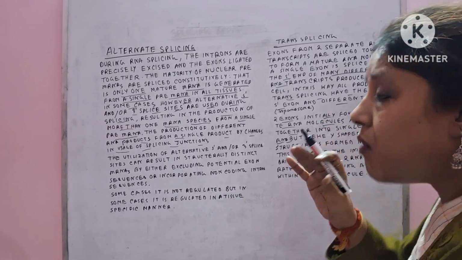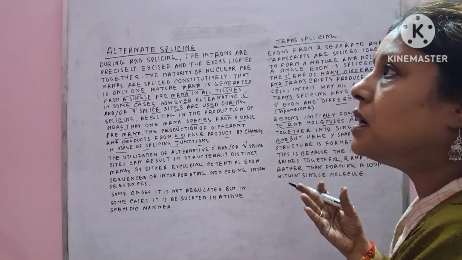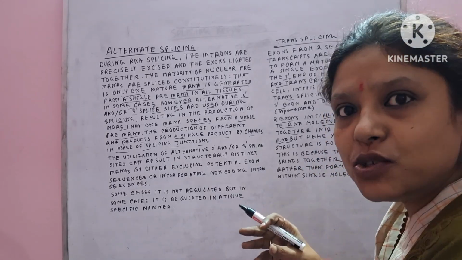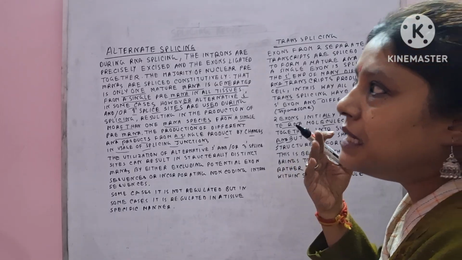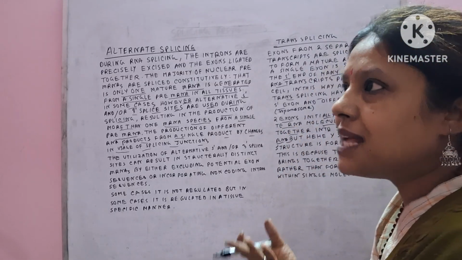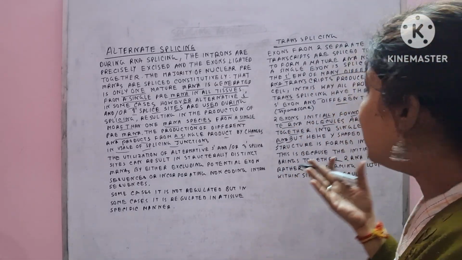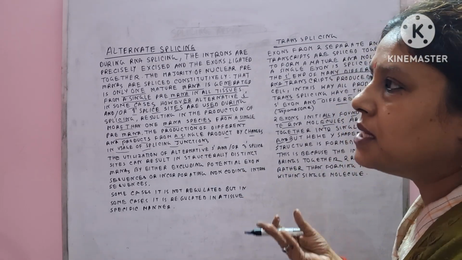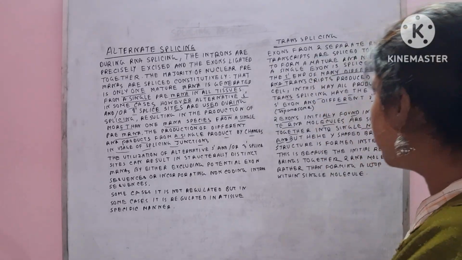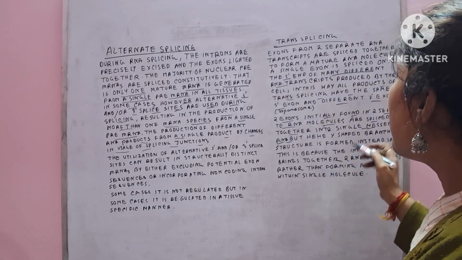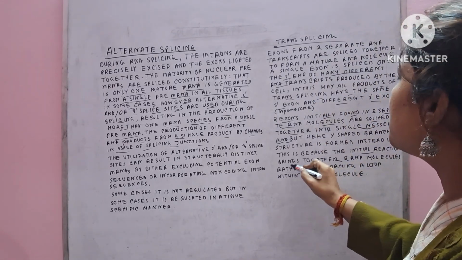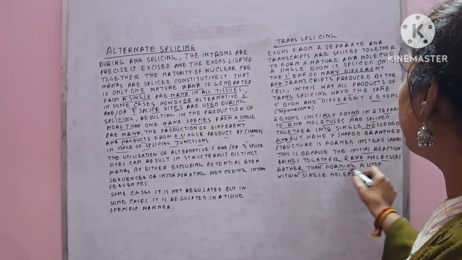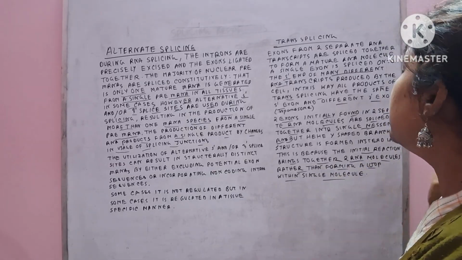But here one different thing is that the structure of the spliceosome in the general splicing process is lariat shaped, but here the spliceosome that is formed is Y shaped. Okay, why is this occurring? Because the initial reaction brings together two RNA molecules rather than forming a loop within a single molecule.